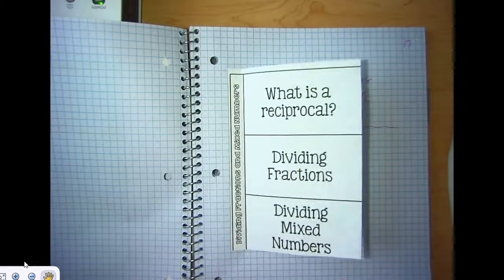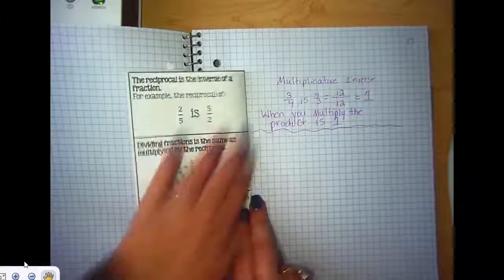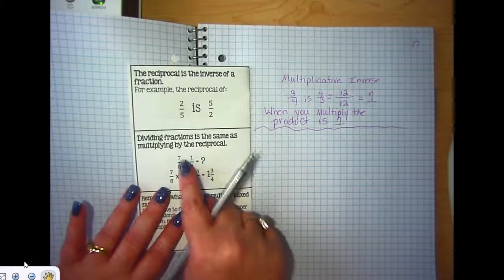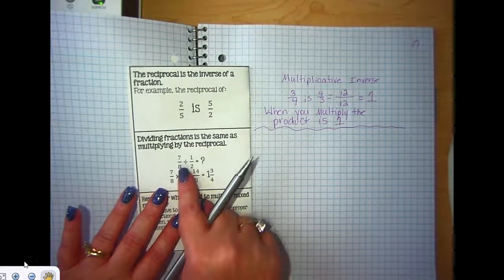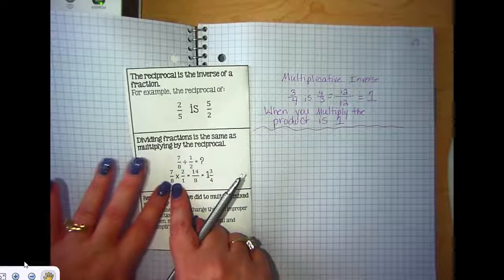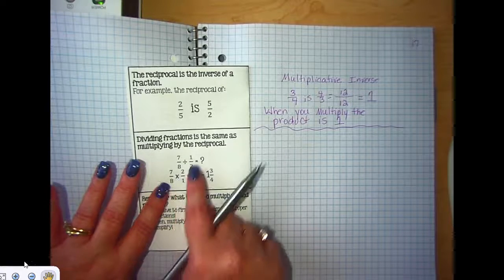All right, dividing fractions. Let's look at the rules for dividing fractions. Dividing fractions is the same as multiplying by the reciprocal. So 7/8 divided by 1/2 is the same thing as keeping 7/8, changing divide to multiply, multiplying by the reciprocal of 1/2.